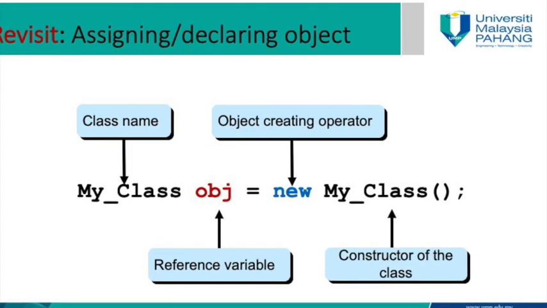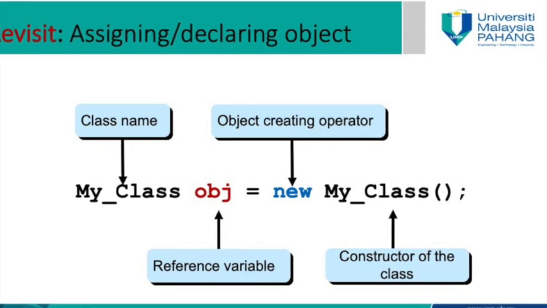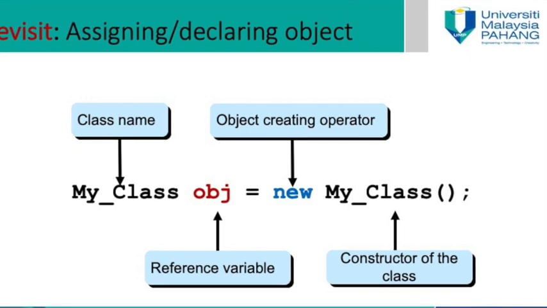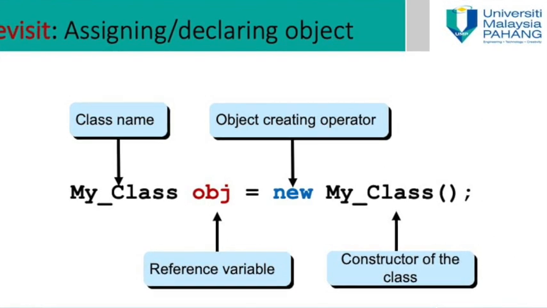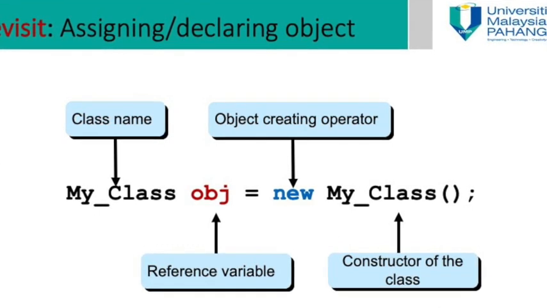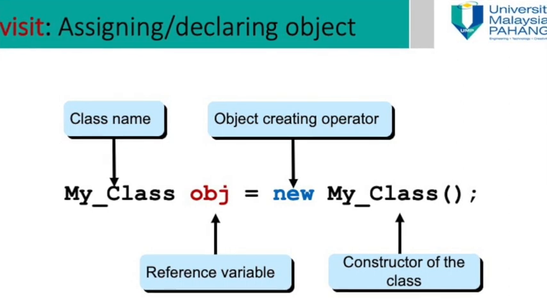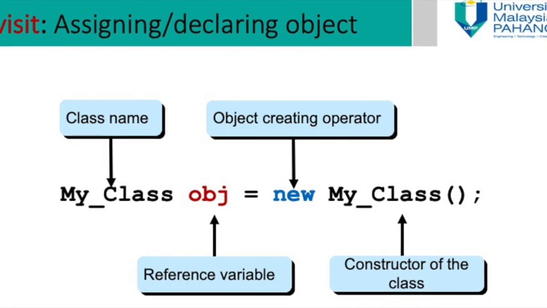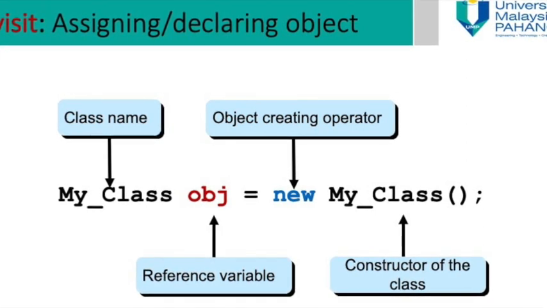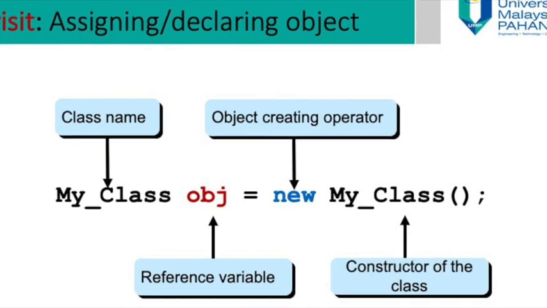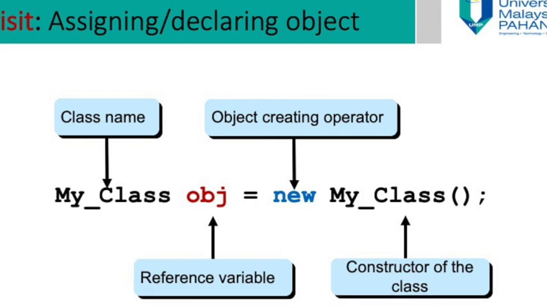The class name here is MyClass, obj is the reference variable, and the new keyword is the object-creating operator. When we create a new object, we have to use the new keyword. And MyClass() here is the constructor of the class.